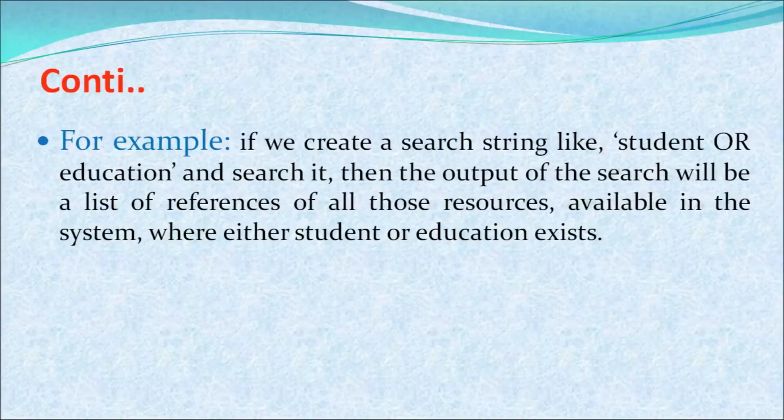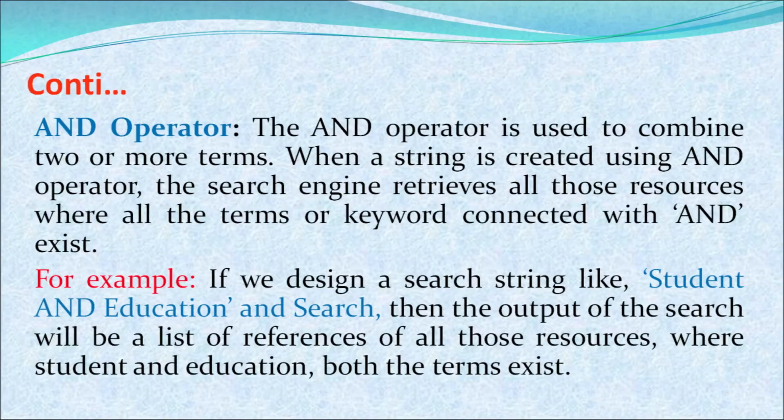For example, if we create a search string like student OR education and search it, then the output will be the list of references of all those resources available in the system where student or education exists. Then there is the AND operator, which combines two or more terms.